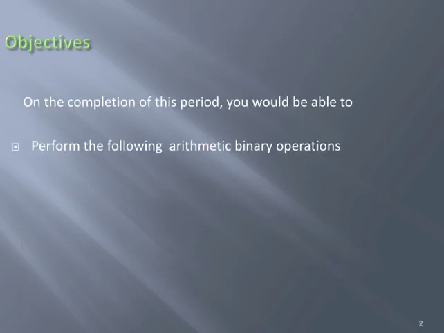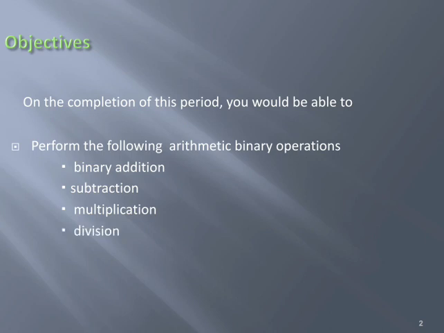So the main objective of this session is to perform arithmetic operations on binary numbers: binary addition, binary subtraction, binary multiplication and binary division. And also we will mainly concentrate on ones and twos complement of a binary number.